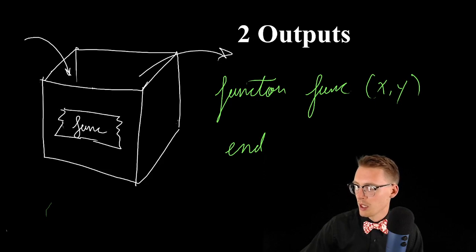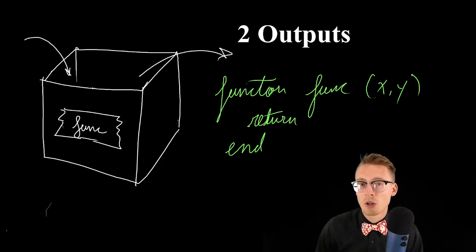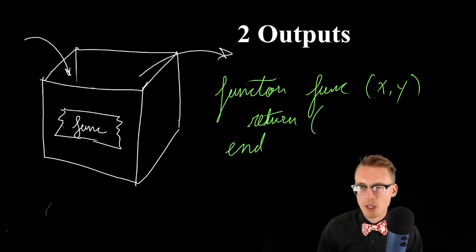Well, in order to return something from your function, all you do is you write return, and then following it, what you want to return. And in this case, I'm going to use parentheses. I can't remember if you have to or not, but it's kind of a safe thing to assume.